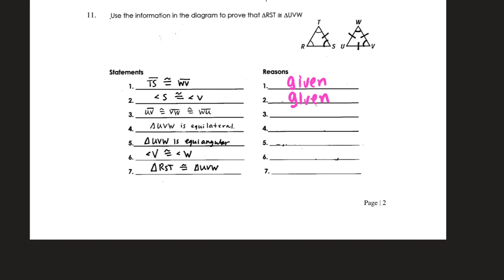UV is congruent to VW, which is congruent to WU. That's because all the angles are congruent, so all the sides are congruent.